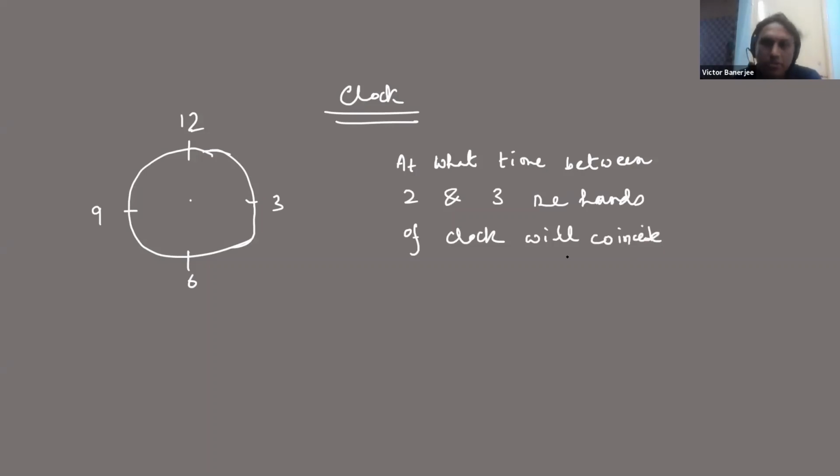This is the question: at what time between 2 and 3? So let me draw the 2 hours, 1, 2. Before I approach this question, first thing you need to know is the speed of the hand.